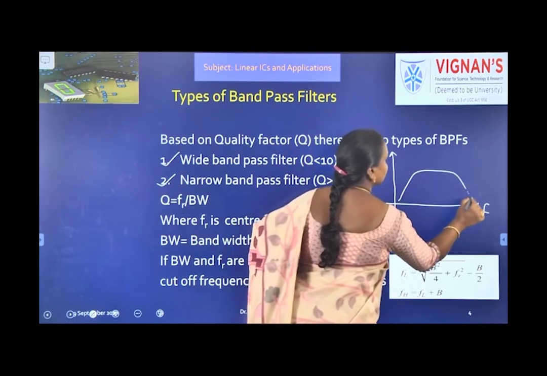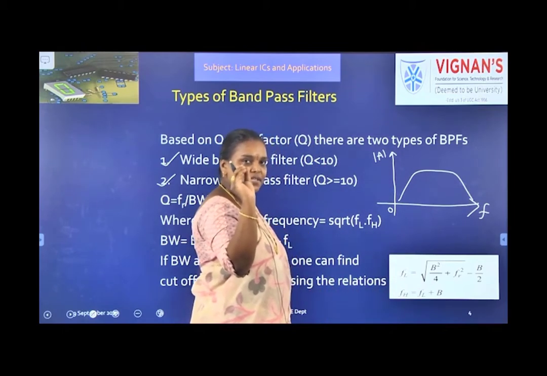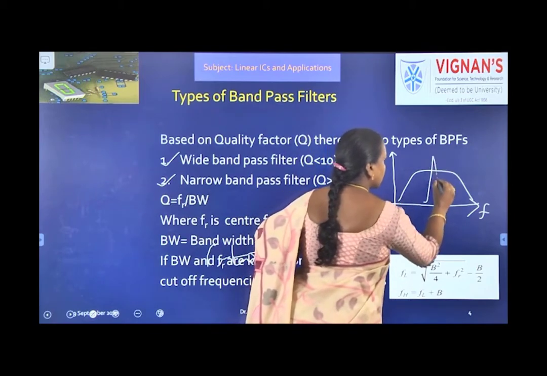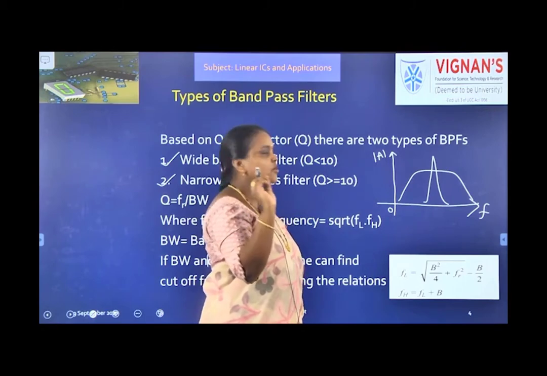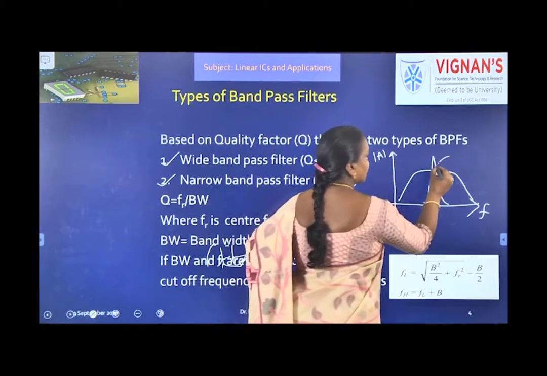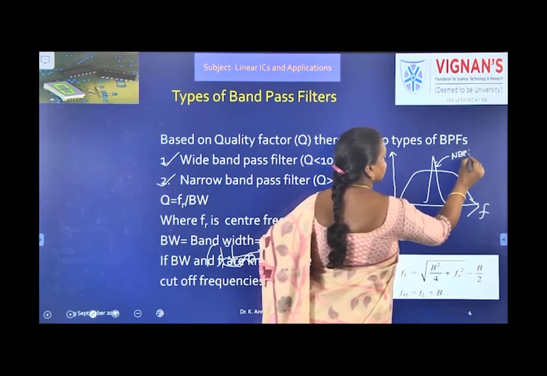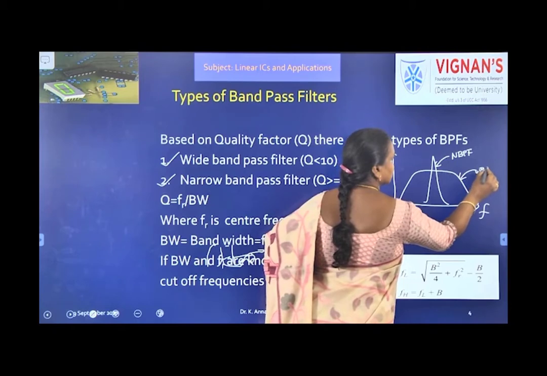Wide bandpass will be like this. Narrow bandpass means if the range of frequencies is very small, then it is called narrow band. That is, if you are very specific about a particular small range of frequencies, this is narrow band. So, this is narrow bandpass filter and this is wide bandpass filter response.